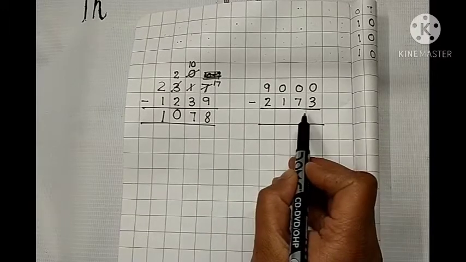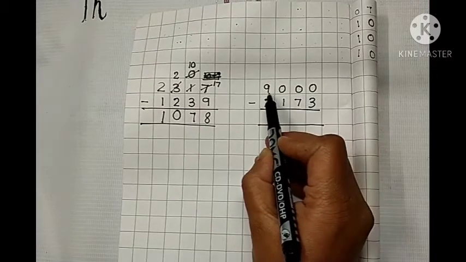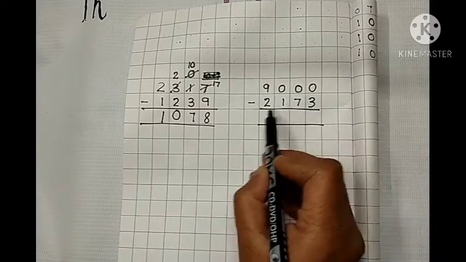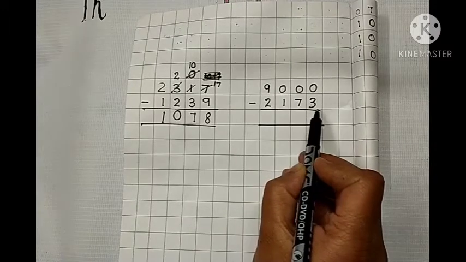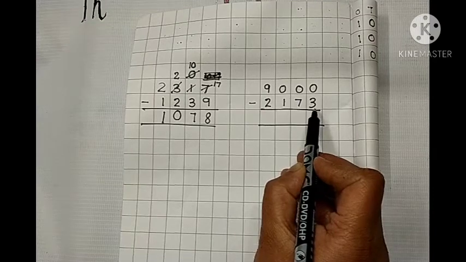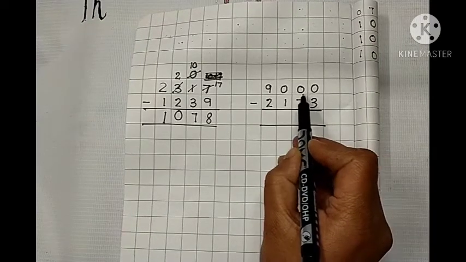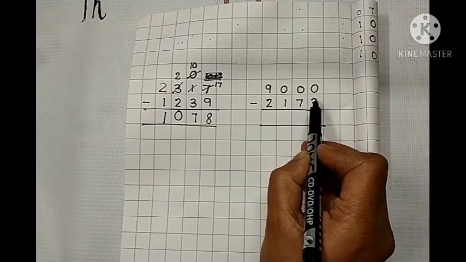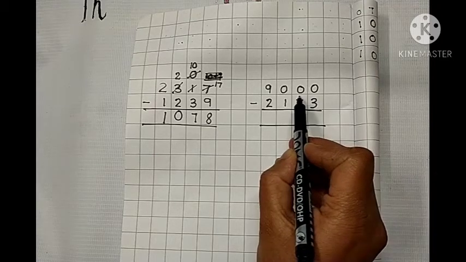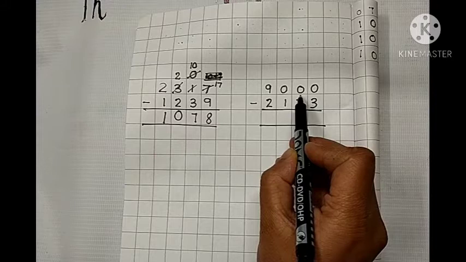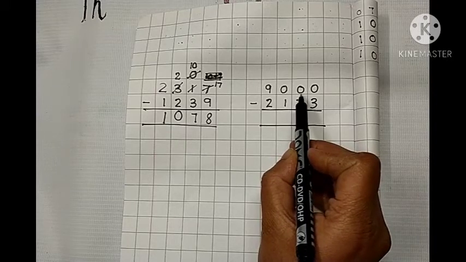Similarly, for this one, from 9,000, we have to take out 2,173. That means 3 ones. So अब हमारे पास नहीं है यहाँ पे वंस, तो हम क्या करेंगे? अपने पड़ोसी को देखेंगे, टेंस को देखेंगे. But tens also don't have any tens.